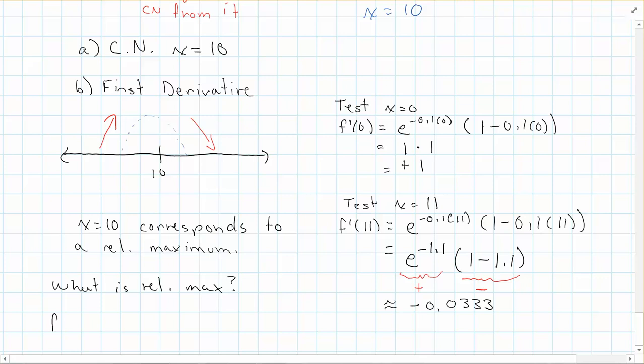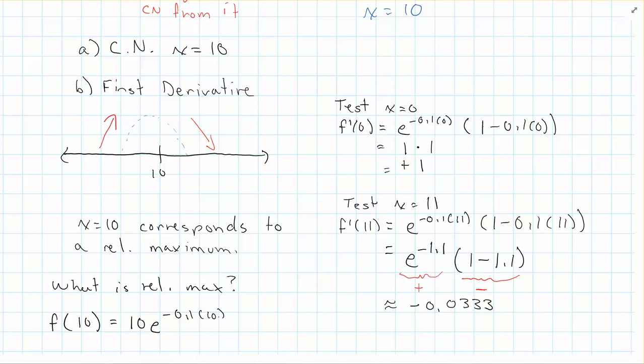Well, that's where you would go back. We know that x equals 10 corresponds to a relative maximum. That's where we would need to go back into the original equation and plug in 10. And so we'd have f at 10, which would be 10 e to the negative 0.1 times 10, which I need to, again, punch into my calculator here.